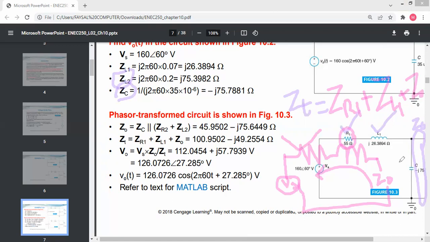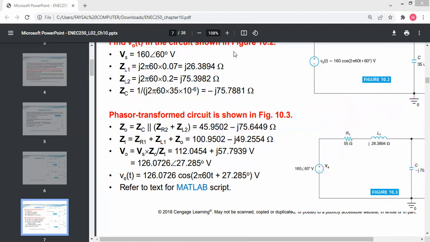So after finding ZR1, ZL1, and Z naught, I can find the value of ZT, which will be equal to this value. Okay. Now the last parameter is what? It is V naught. So V naught will be equal to two things.